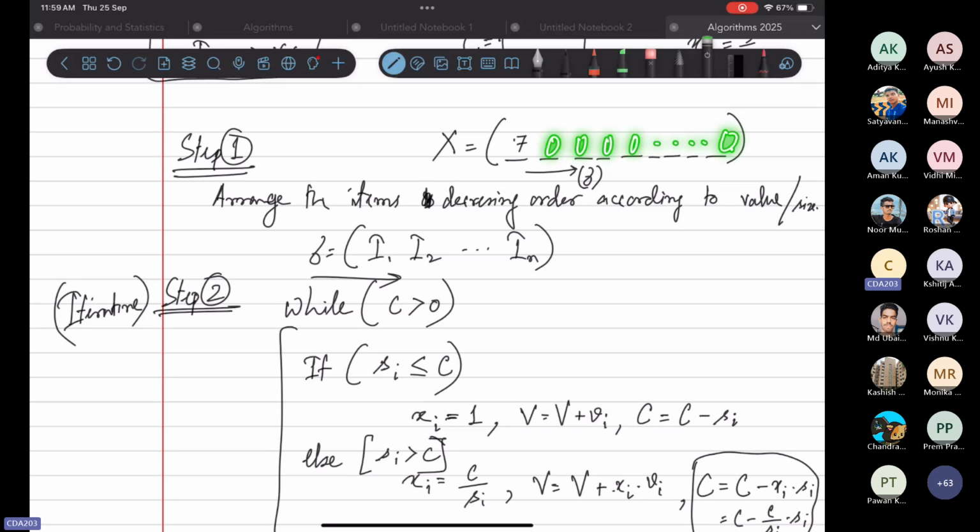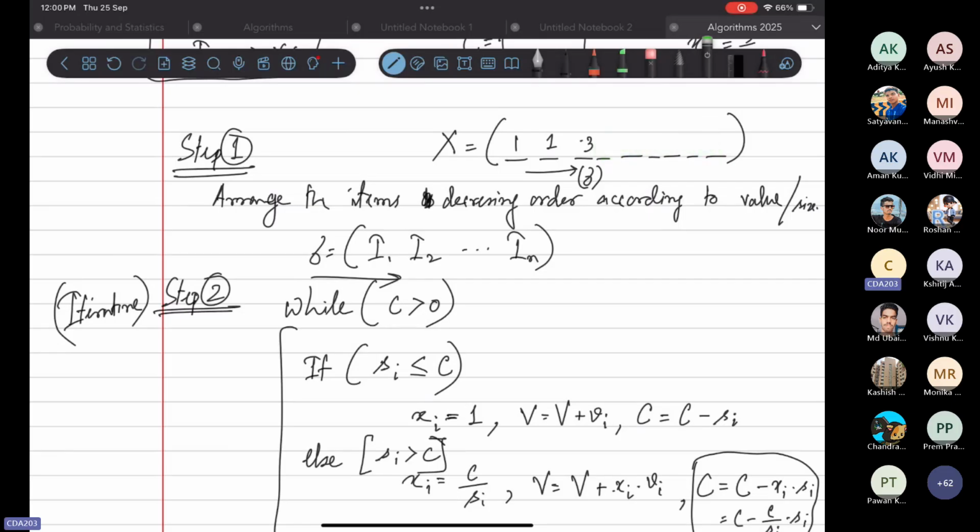Do you get this point? Suppose I'm choosing the first item completely, second item completely, but the third item I'm choosing some fraction of it. Then from everything else I'm taking nothing, right?